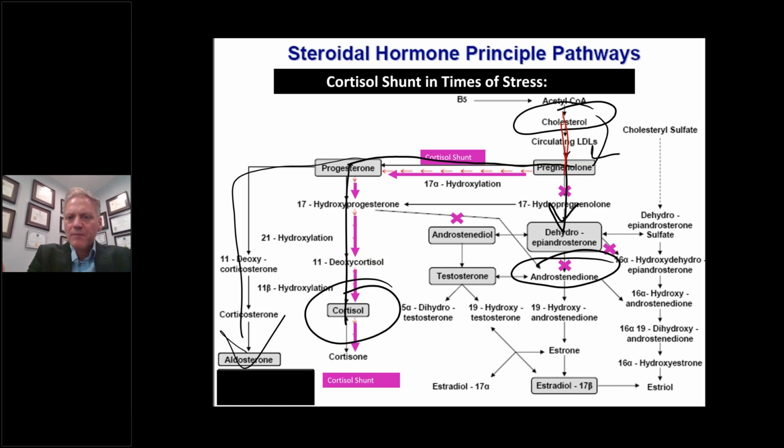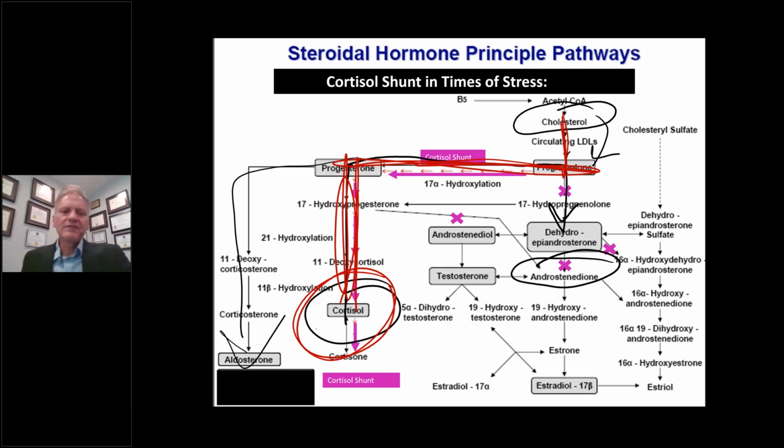Instead of going down these other pathways, it will preferentially go this way. Down here, you'll make cortisol, and then you'll even get to the point where you can't make the cortisol efficiently, but you're still jamming down this pathway, even though you're not able to really produce the cortisol. And that's when the aldosterone wanes. And by the way, you can also have some hormonal deficits in that area as well.